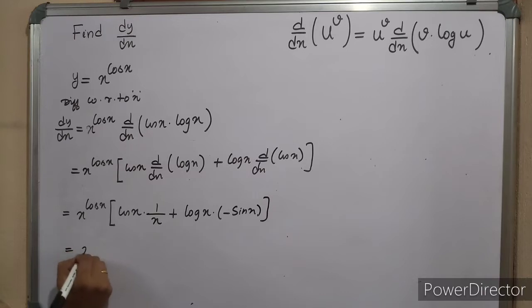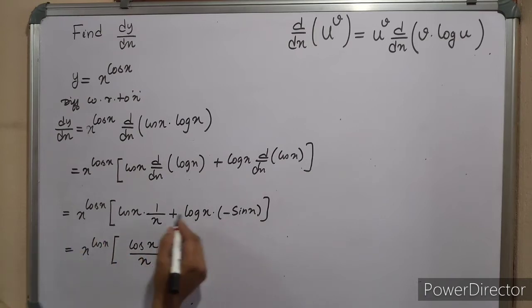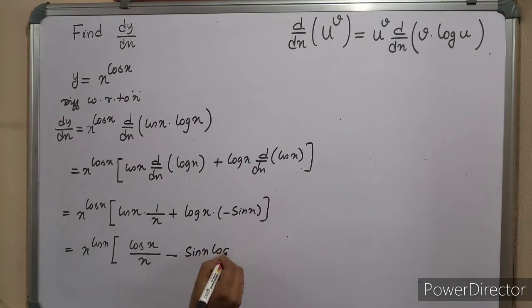Now then it is x to the power cos x into cos x divided by x minus, first I'll write sin x, then log x. I'll leave the answer like this only. You can take LCM also, x.